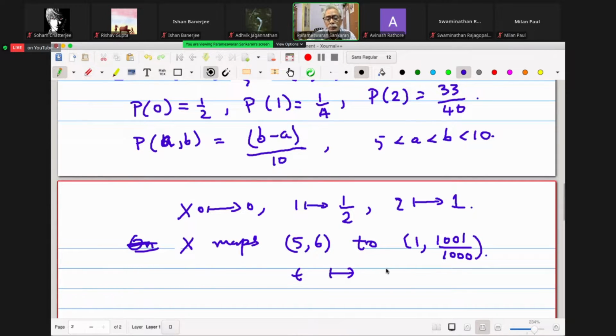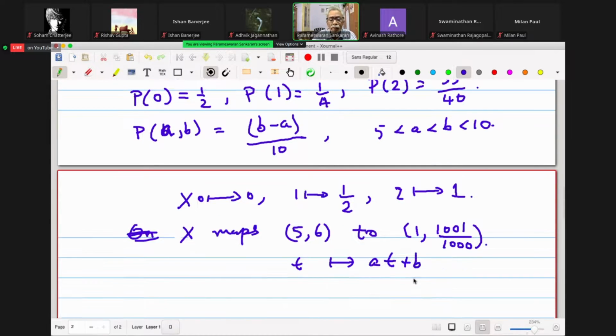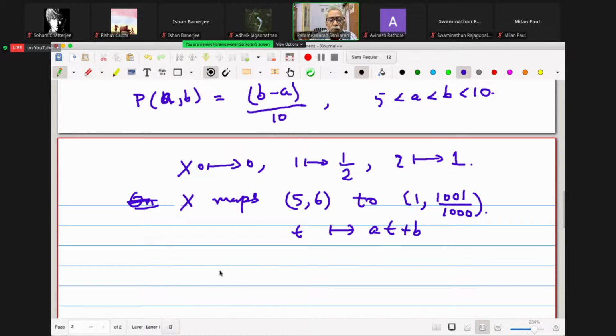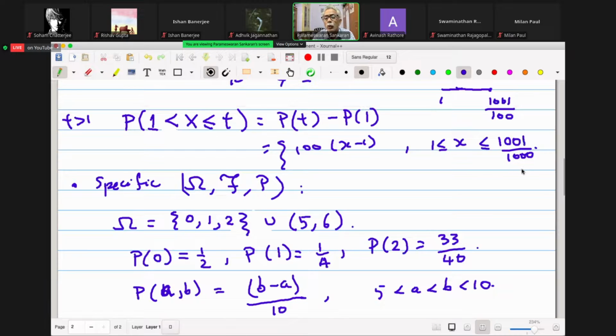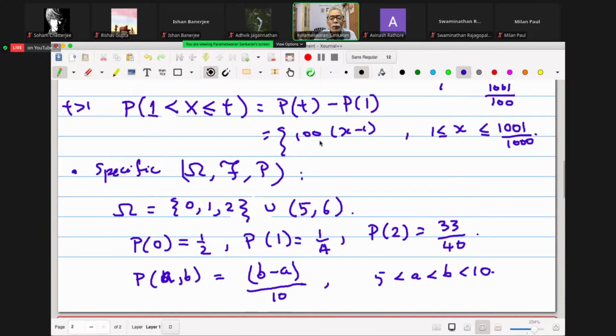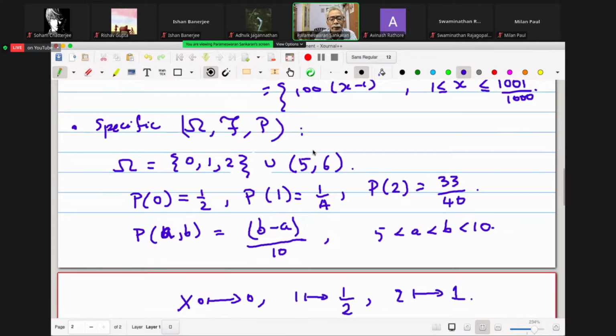I'm not sure if I should. Yeah, you try to work this out. This will anyway be a map of the form at plus b, where a and b are constants, and what you want is that after you do this transformation, as X varies from 1 to 1001, it should give you this answer, right?